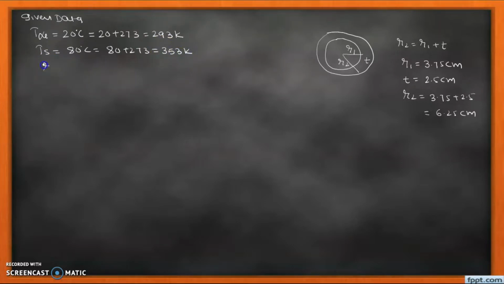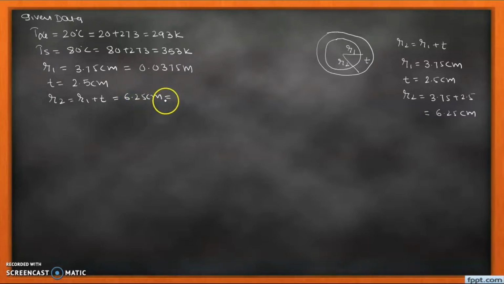The radius of the pipe R1 is 3.75 centimeter, which converted into meter becomes 0.0375. The thickness of insulation is 2.5 centimeter, so the outer radius R2 becomes R1 plus t, which is 6.25 centimeter. Again converting centimeter into meter, it becomes 0.0625 meter.